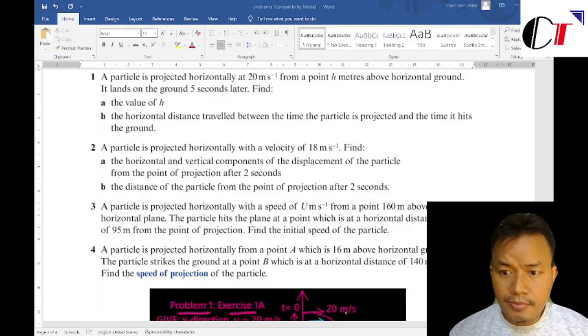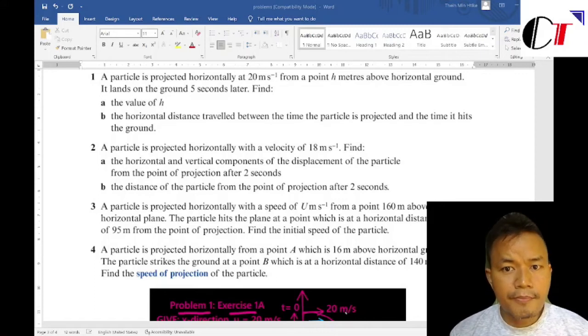Now let's look at problem 2 of exercise 1A together, and let's read the problem first. A particle is projected horizontally with a velocity of 18 meters per second.